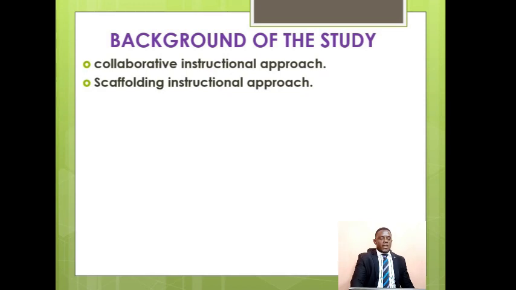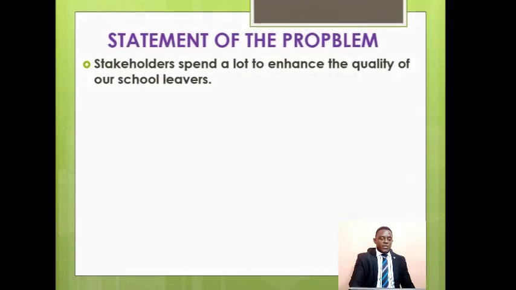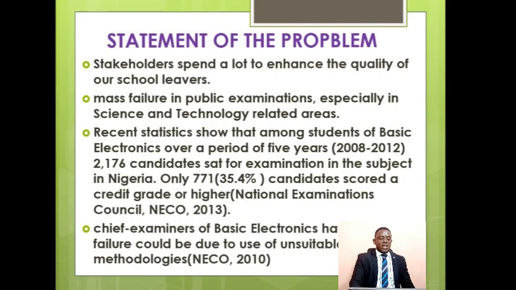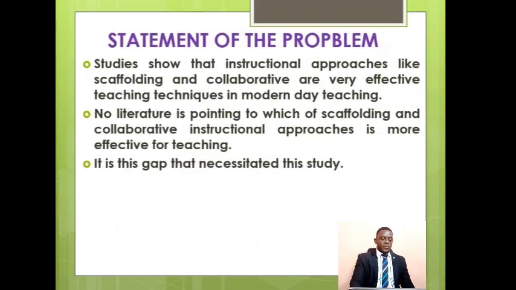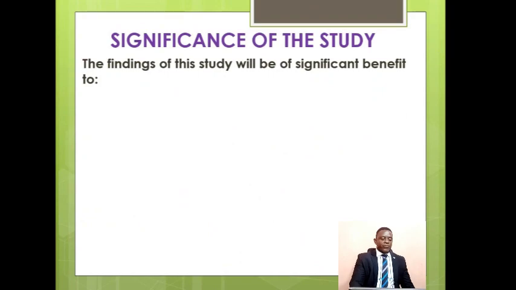And then I went ahead to talk about what collaborative instructional approach is, and then also what scaffolding instructional approach is. I want to just move quickly over all of this stuff because these are not the main crux of the matter. I also discuss cognitive achievement, psychomotor achievement, gender, and then I presented the statement of the problem.